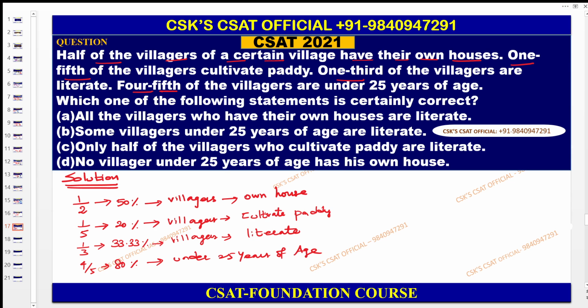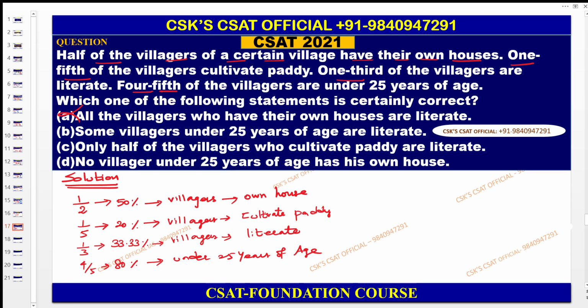Now, let us move on with that. All the villagers who have their own house are literate. See here, 50% of villagers have their own house, but literate is only 33%, so this is automatically wrong. Now, some villagers under 25 years of age are literate.